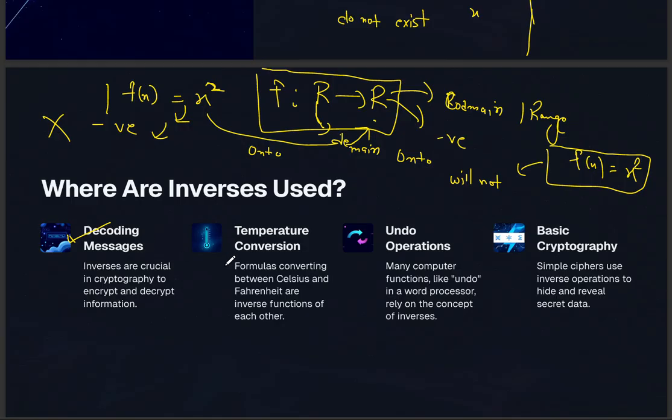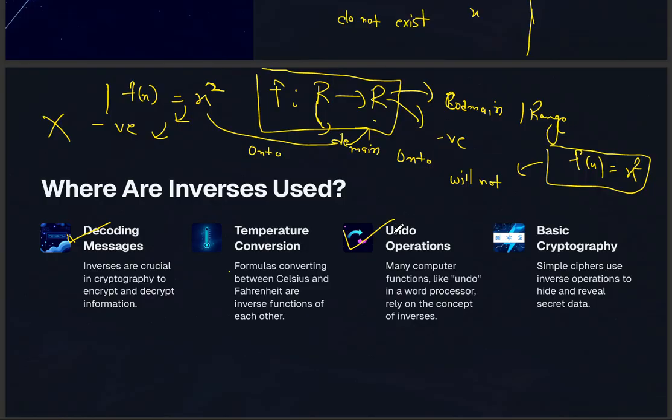And temperature conversion. In this, as you see, we often convert temperatures between Celsius and Fahrenheit, and the operations which we use to convert temperatures between Celsius and Fahrenheit are inverse functions of each other. Undo operations. For undoing operations, we use the inverse function, as we discussed above, that the inverse function undoes what the function does.